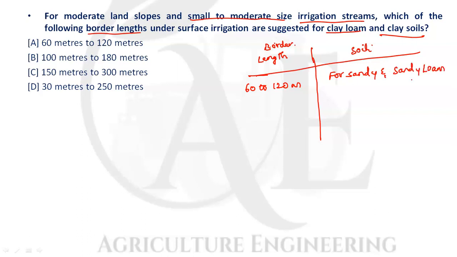For a border length of 100 to 180 meter, it is medium loam soil. The same way, when it is 150 to 300 meter, it is for clay or clay loam soil.